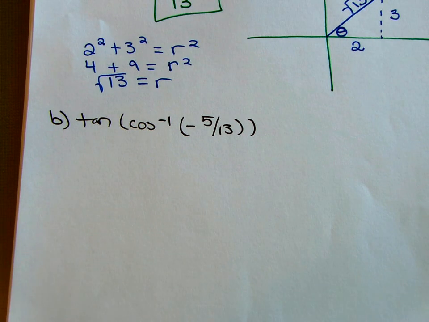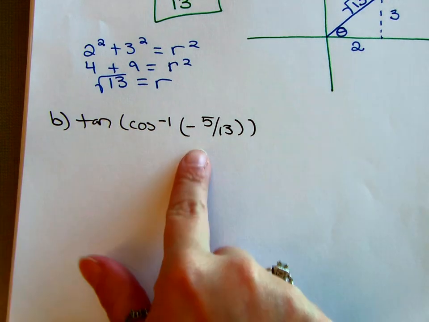All of these are going to work very similarly. We have tangent of the cosine inverse of -5/13. Again, whatever is inside, that's what we're going to let theta be, so that we're just finding tangent of theta.